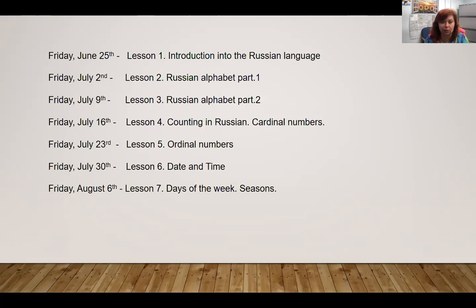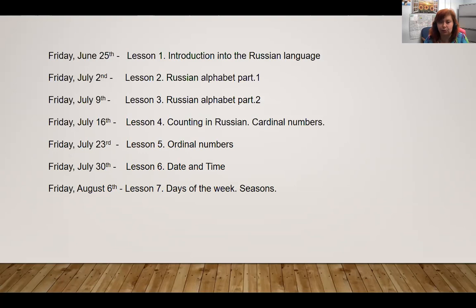But it depends on how many people we'll have, how many questions we have, and whether we manage to finish the first part of the Russian alphabet during one lesson or 2 lessons. So lesson 4, we will learn how to count in Russian, and we will learn cardinal numbers.